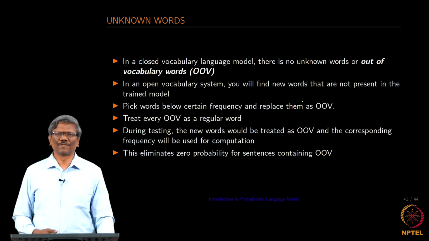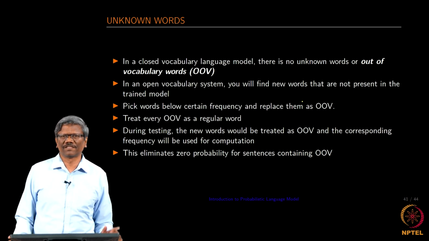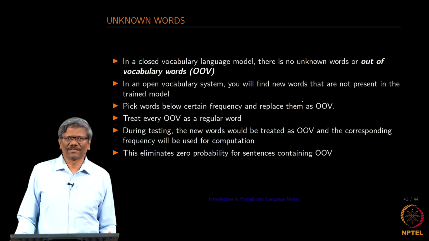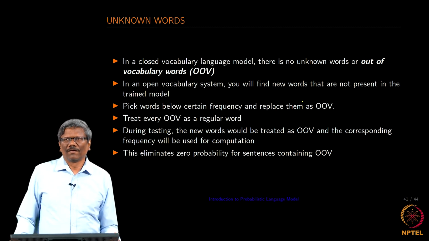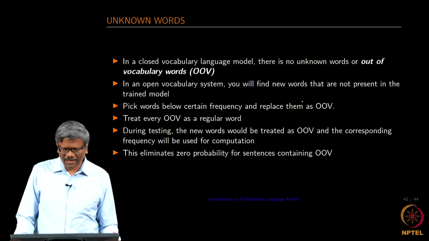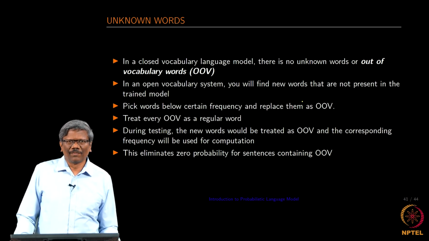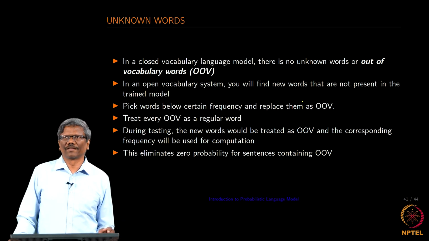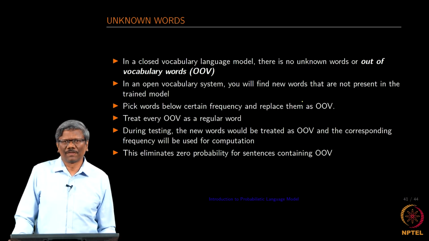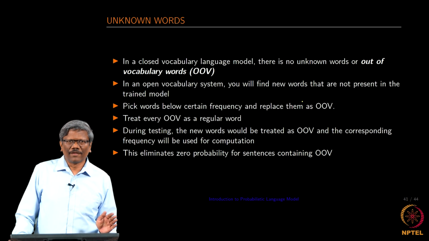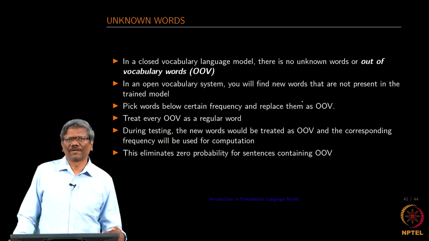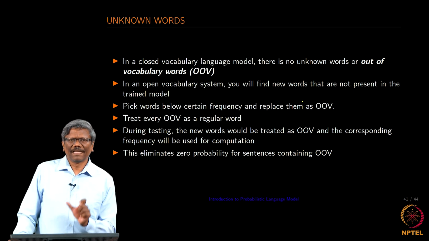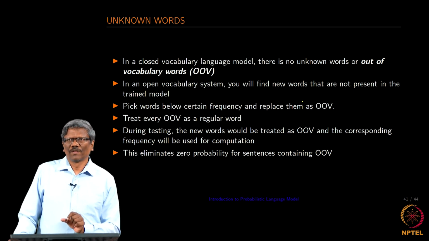In this case, we want to pick up certain words with certain frequencies. For example, there could be so many words in a given corpus with just one occurrence. We can term them as out of vocabulary words and label them as OOV rather than the actual word itself. So, when a new word comes in as input to the model, we can label that word as OOV.